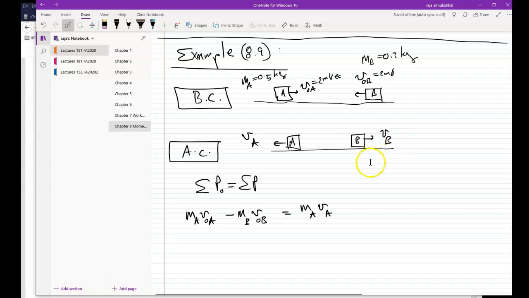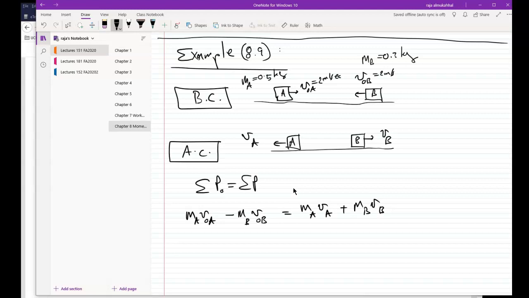I purposely didn't put a minus sign because let's assume that I don't know the direction. I'm going to let the mathematics take care of it. I can put the minus sign, it's fine. But if I don't put it, the mathematics will give me an answer of minus. You see what I'm saying? So I'm not going to put it for now. Then plus MB V sub B.